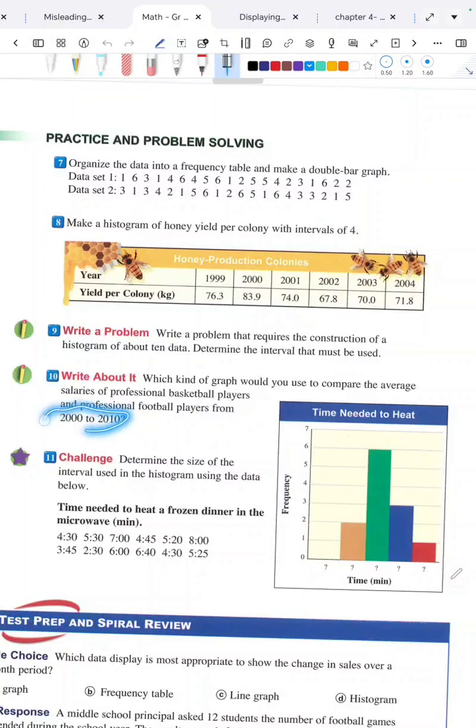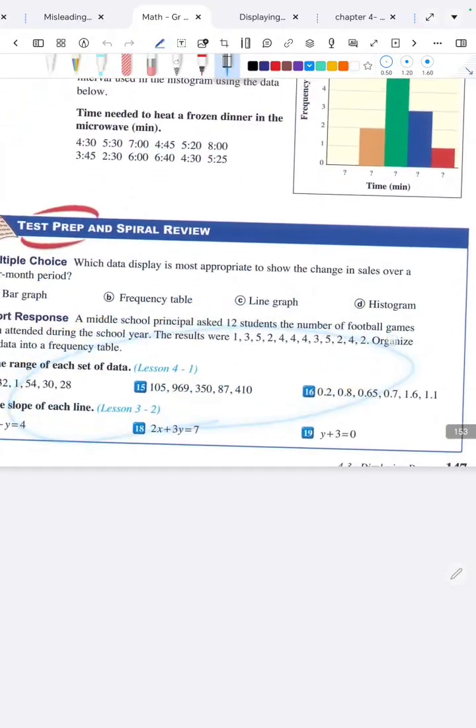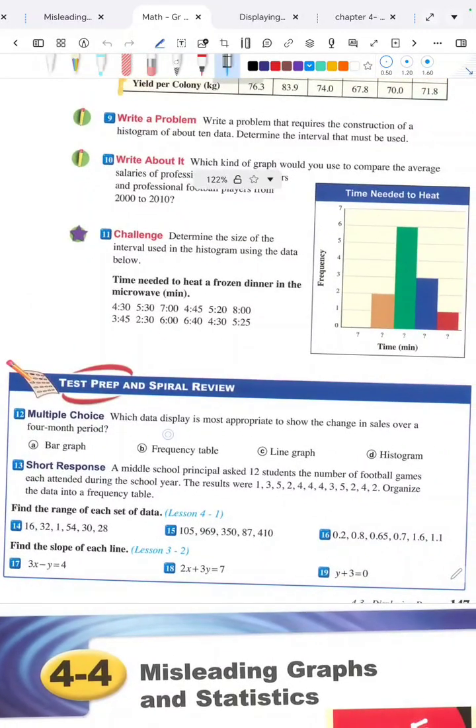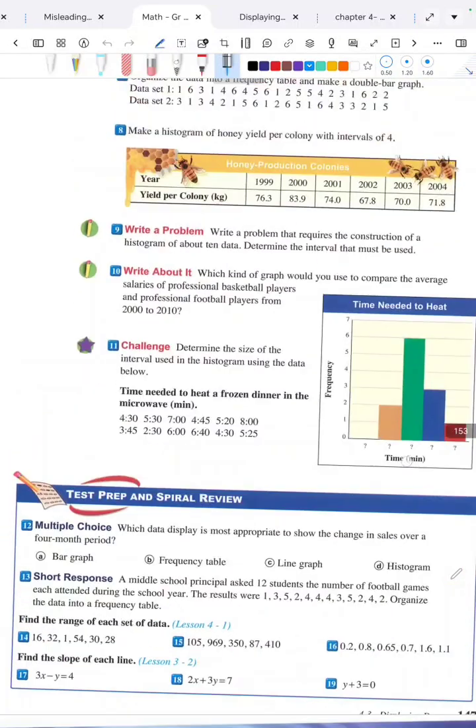But since we have time, data change over time is for double line graph. So this question is double line graph. Let's solve a spiral review. Which data display is most appropriate to show the change in sales over a 4-month period? As you can see, again, we have 4 months. It's a line. And the definition of line graph is what? Data change over time. So it is line graph.